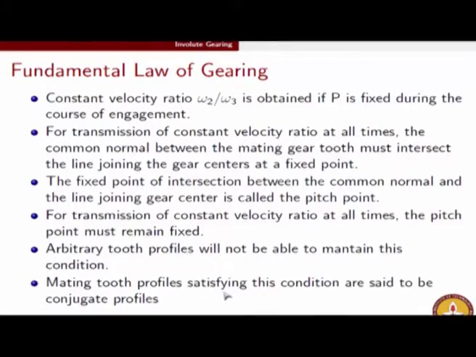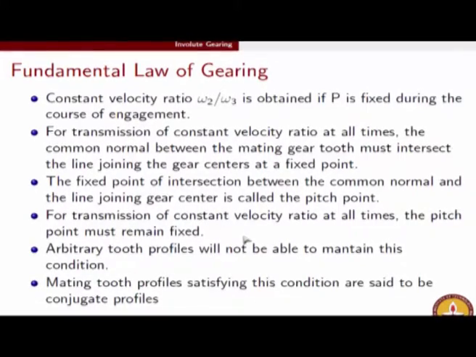So mating tooth profiles which satisfy the condition that the pitch point remains fixed, or the relative instantaneous center between the 2 moving gears is fixed, will be called conjugate profiles, and we will take only conjugate profiles as practical profiles, because practically we want the constant velocity ratio condition to be maintained. That cannot be compromised.